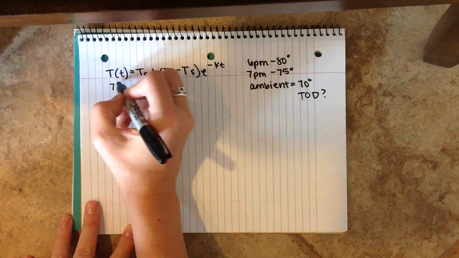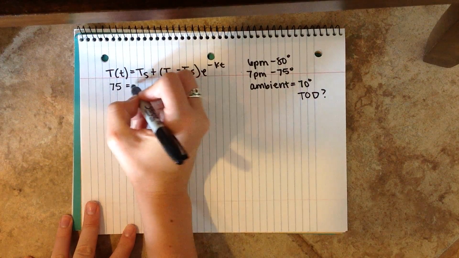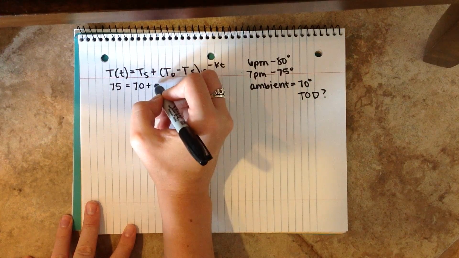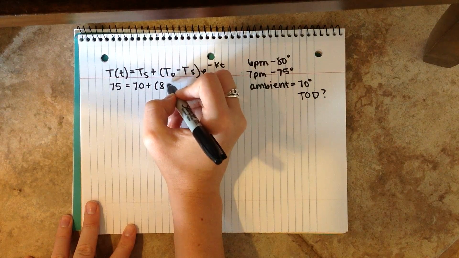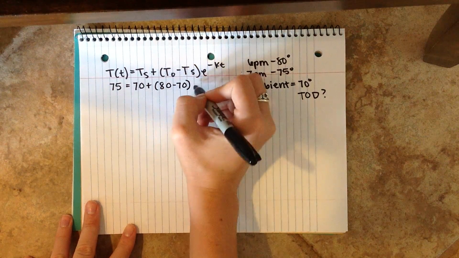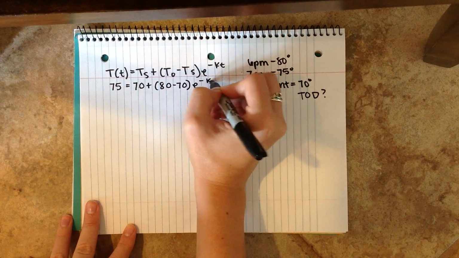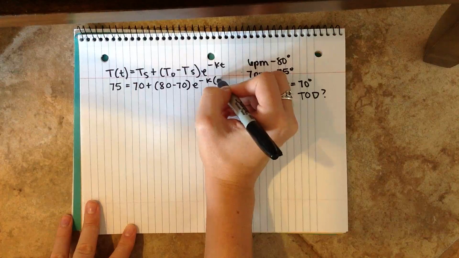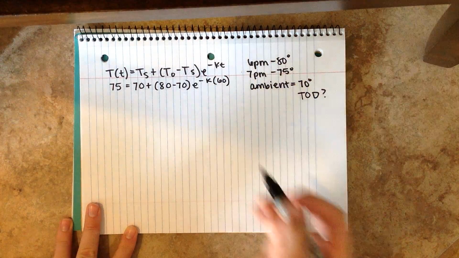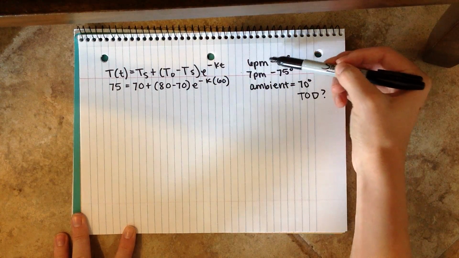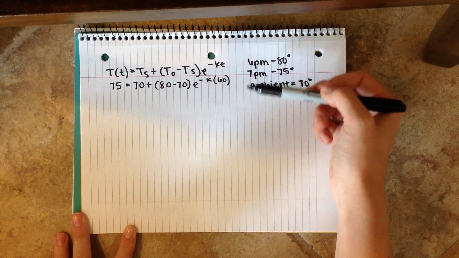So we're going to plug our variables into this equation. So 75 equals 70 plus 80 minus 70 times e to the negative k, and I'm using 60 as my time for the 60 minutes elapsed between 6 and 7, but you can also use 1.